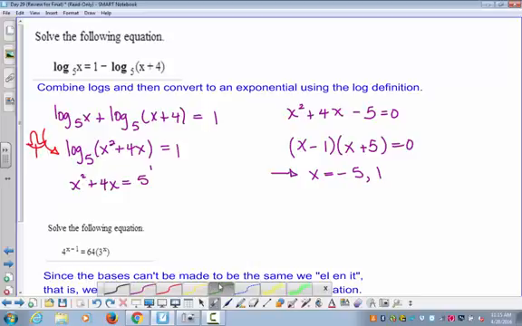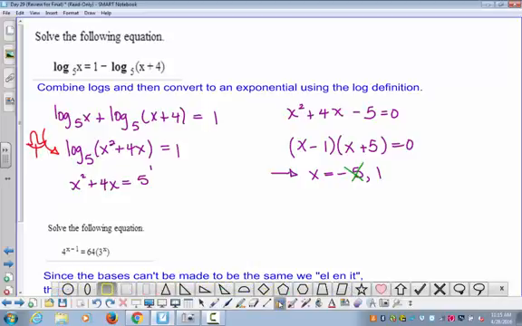So this one gets knocked out. When we plug in 1, log of a positive, good. So the only solution there is 1. All right, one solution only.